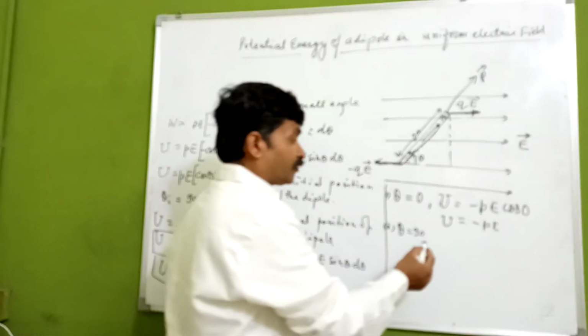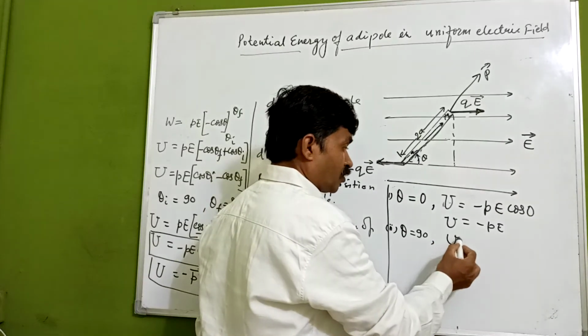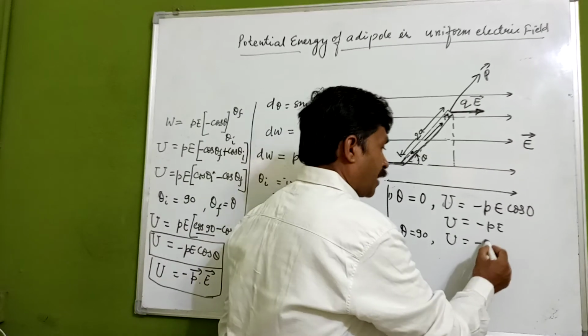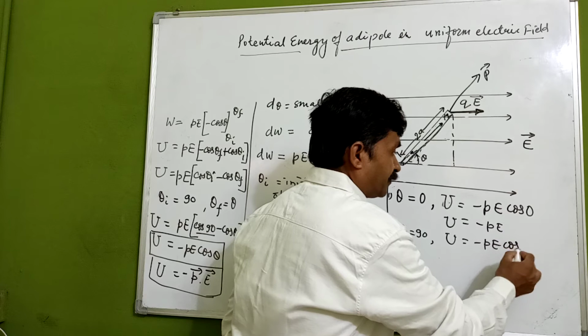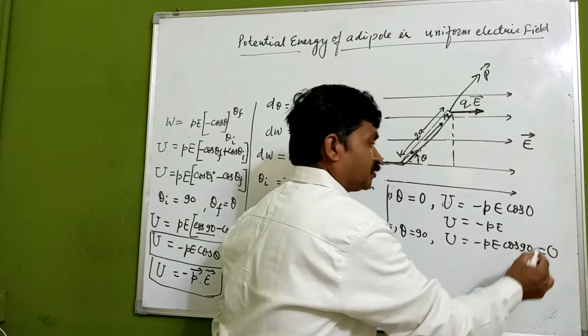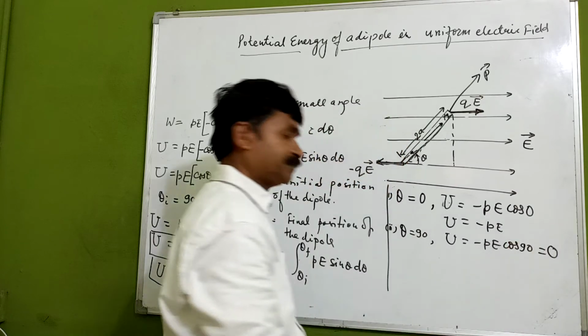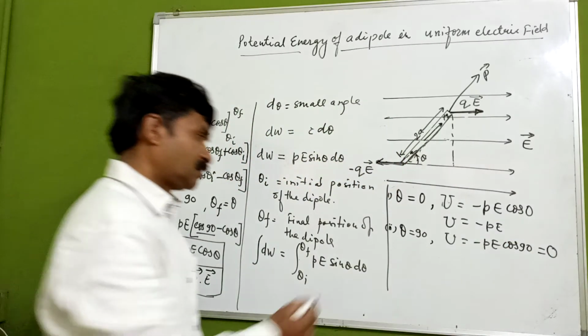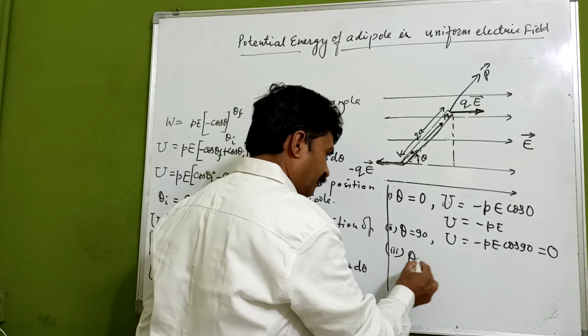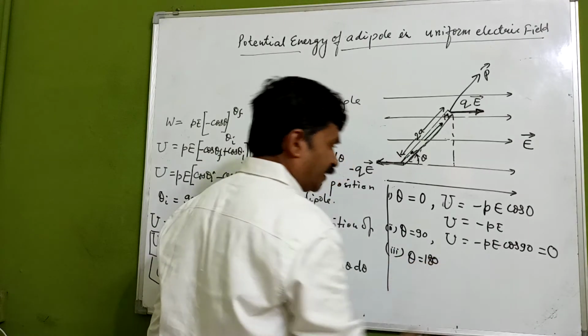Now theta is equal to 90 degrees, so what does it mean? U which we are getting here is minus PE cos 90, which is going to be 0. So here we are getting 0 potential energy. Third case, theta is equal to 180 degrees.